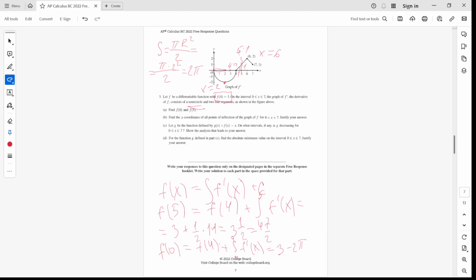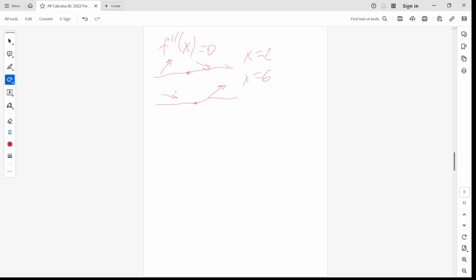For the next part, we have a function g of x, which is equal to f of x minus x, and we need to find where the function g is decreasing. So what they are asking for is to find x such that the derivative of this function is less than 0.